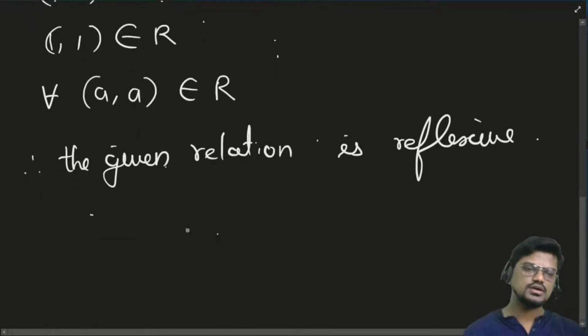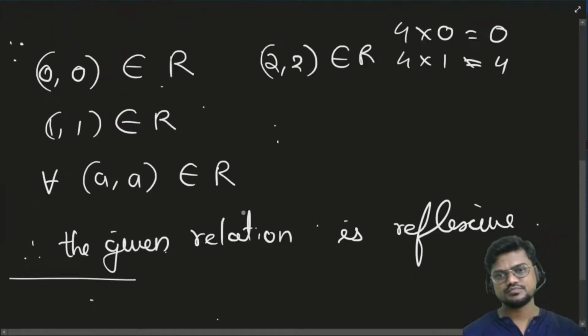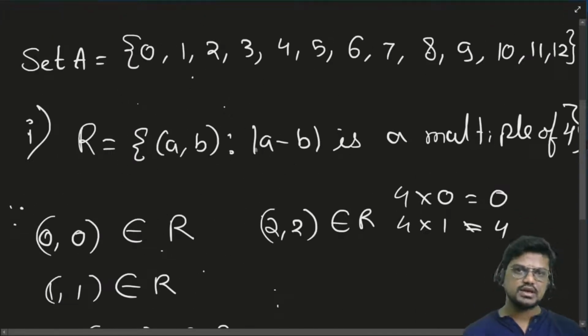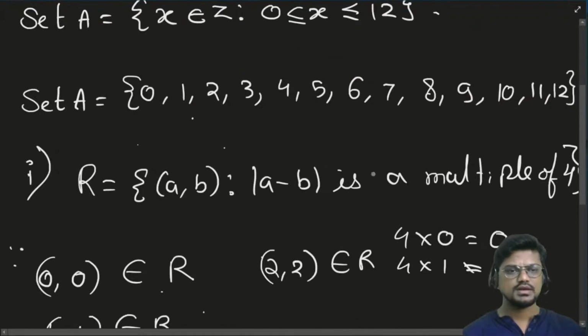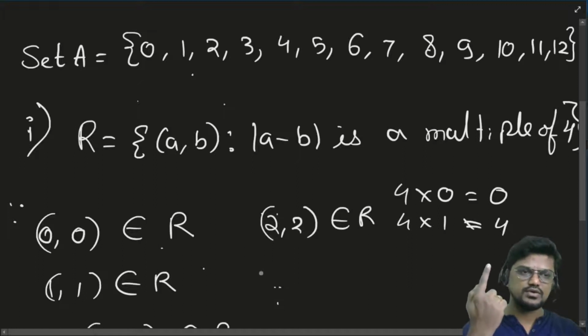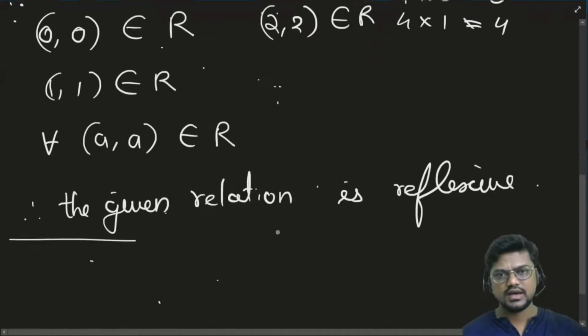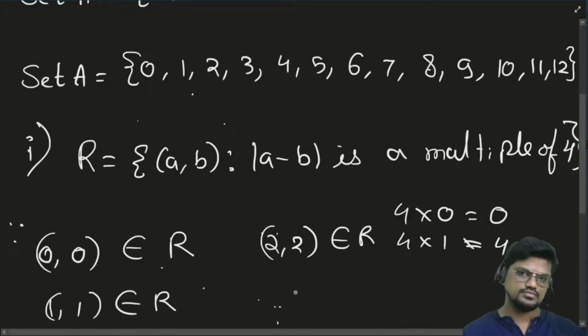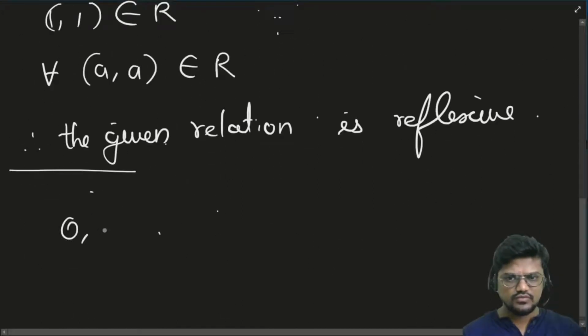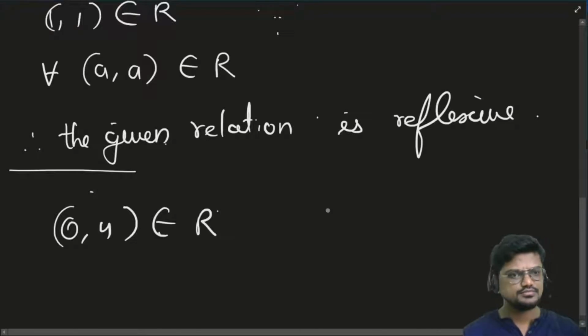Now let us check for symmetric. So this is our given relation. I need only one pair to show it is symmetric. Now I can say (0, 4) belongs to the relation, yes or no?